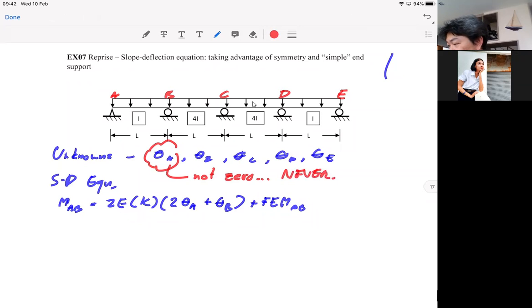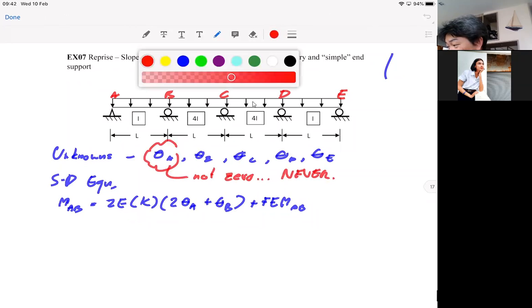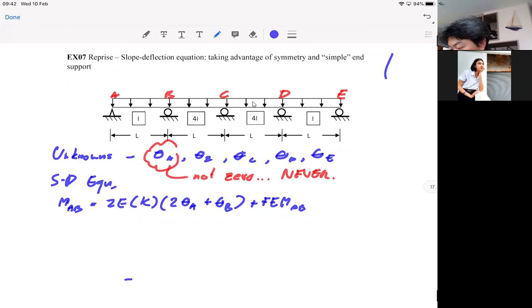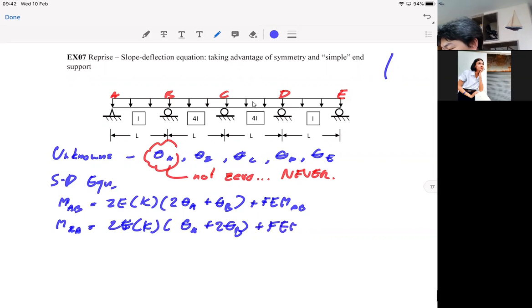So when you don't take advantage of the simple end, you need to solve it. And then you have MBA, 2EK, let me write this way, theta A plus 2 theta B, plus FEMBA.